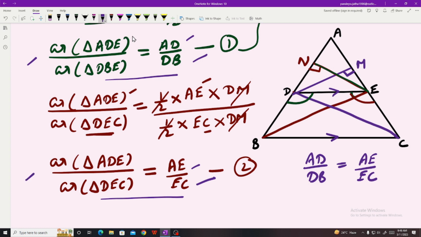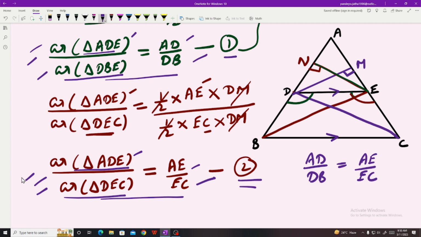Just check, in the numerator of the first equation we have area of triangle ADE, and in the second equation also the numerator is area of triangle ADE. Both are same, but in the denominator we have area of triangle DBE in the first equation and area of triangle DEC in the second equation. So these two are not same. So right now we can't say that the left hand sides are equal.